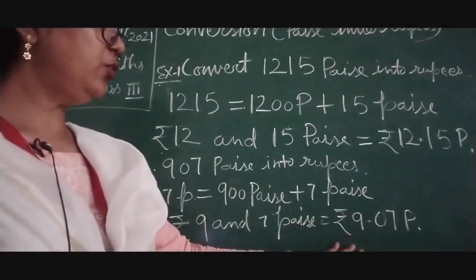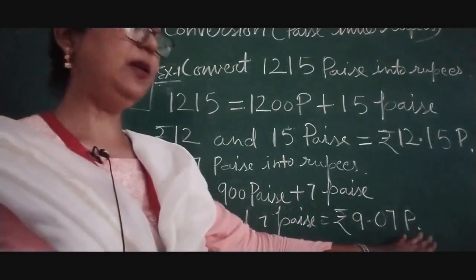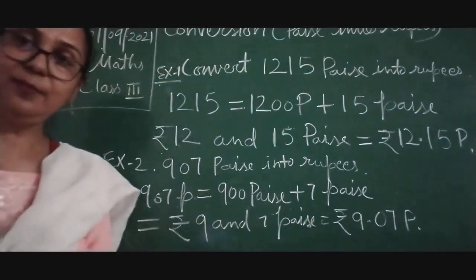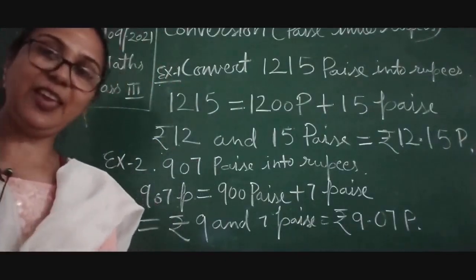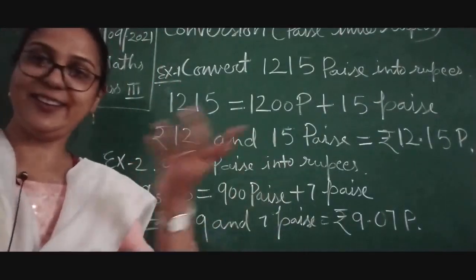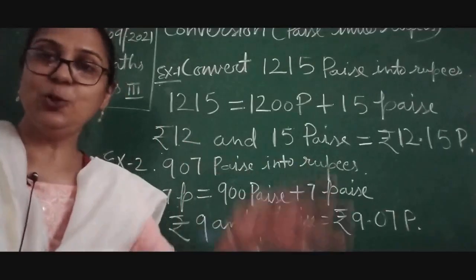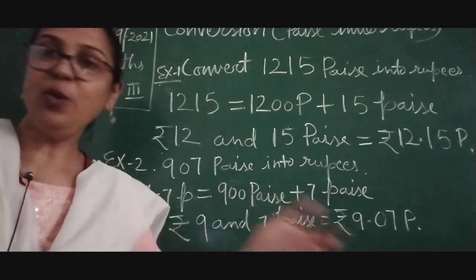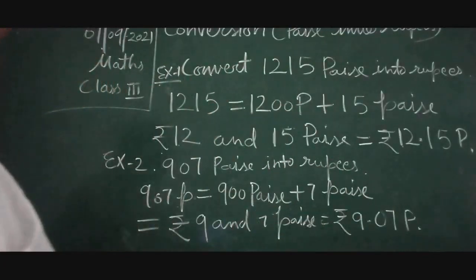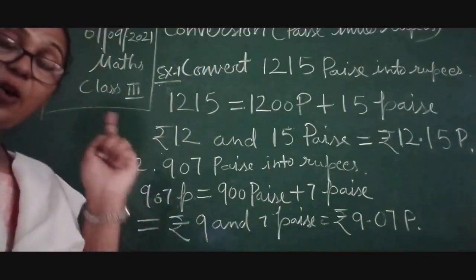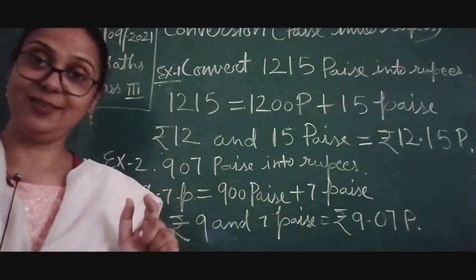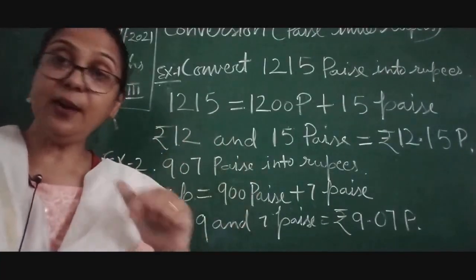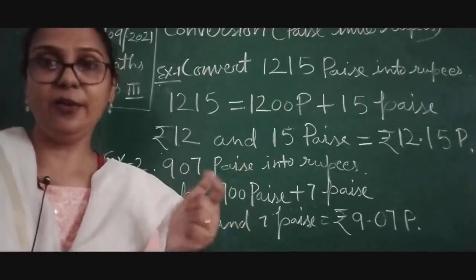So here, children, rupees 9.07 paise. Clear? I hope this is clear, children. This is not a very tough thing. You only have to separate it from hundreds to ones. You always get the rupees in 100, because you are multiplying by 100.